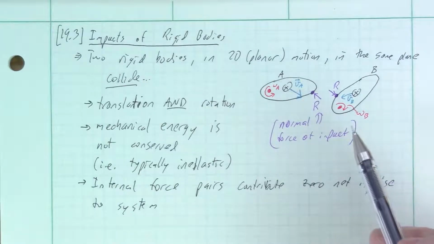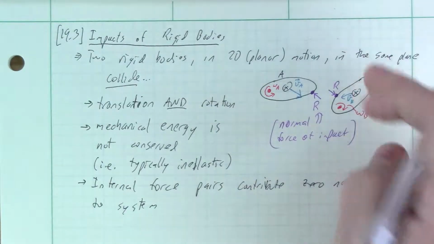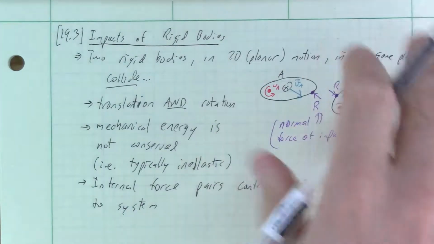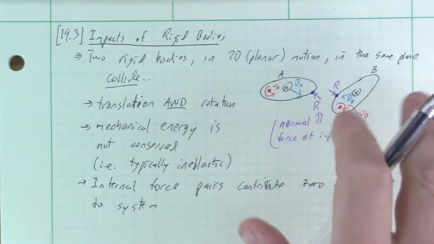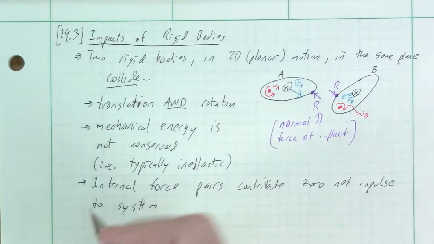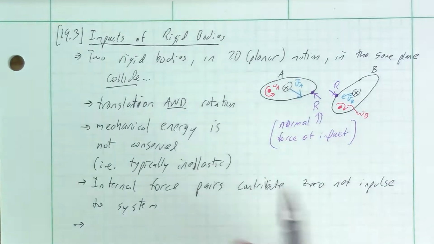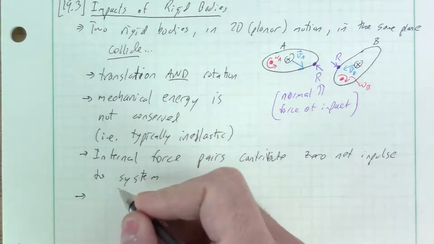As we've seen before, if R is equal and opposite, and we treat the whole thing as a system for either linear momentum or even angular momentum, where we'd have to ask what the moment is, they basically contribute nothing if we decide to analyze the system as a pair, as a whole.